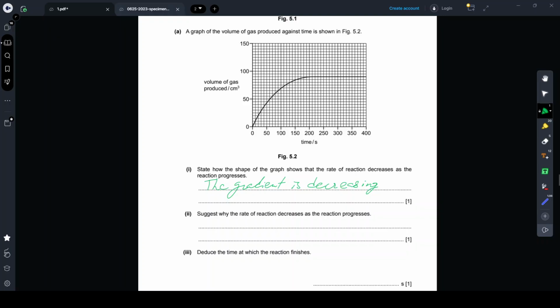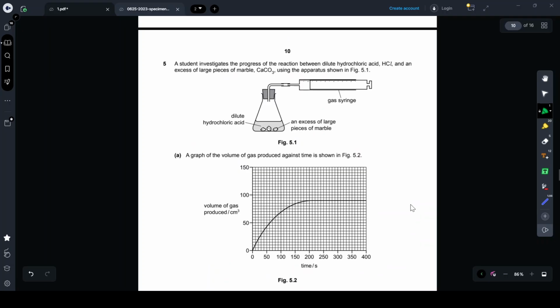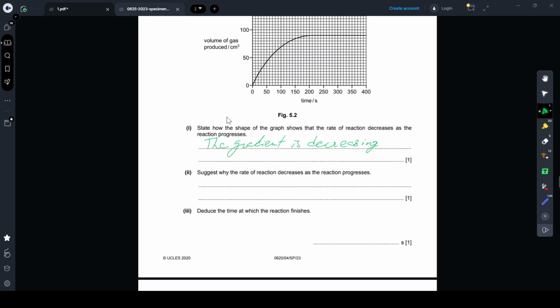Not just reactants, but if you read the question, the calcium carbonate, the marble pieces, are in excess. So that's not going to be the limiting reagent. The limiting reagent will be the hydrochloric acid. So you're going to say the concentration of HCl is decreasing.